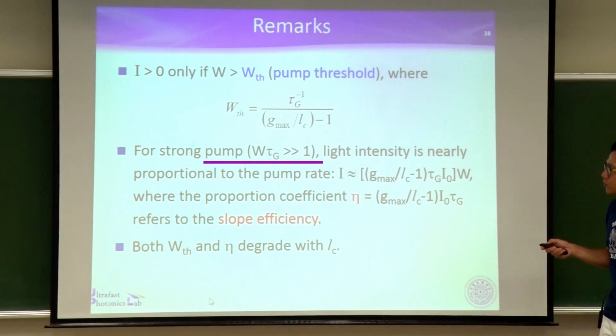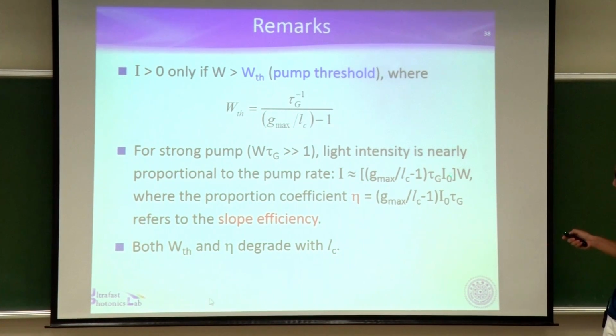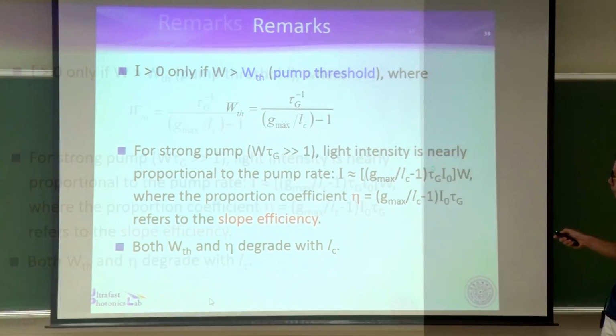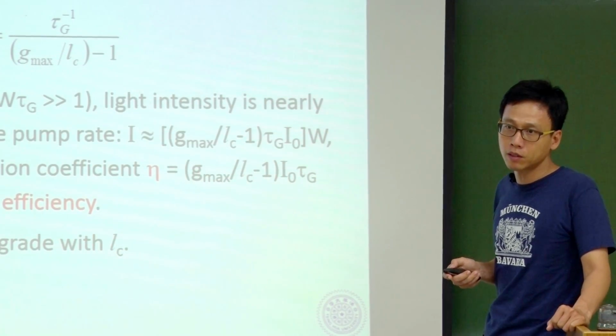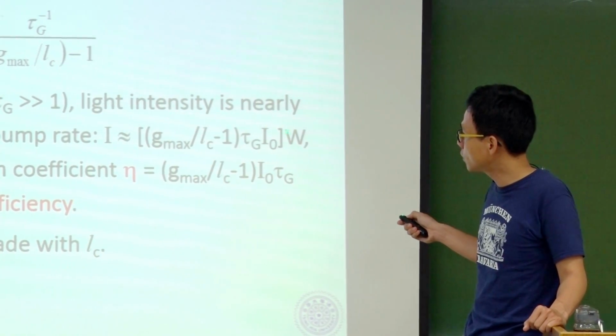Second, if the pump rate is pretty strong, which means W times tau G has to be much larger than 1, then the light intensity is nearly proportional to the pump rate. You have this relation. And the number within the bracket is simply a constant, independent of W. W is here.